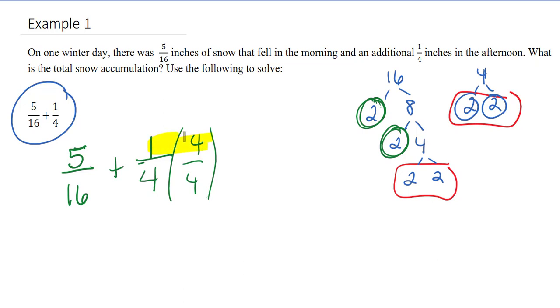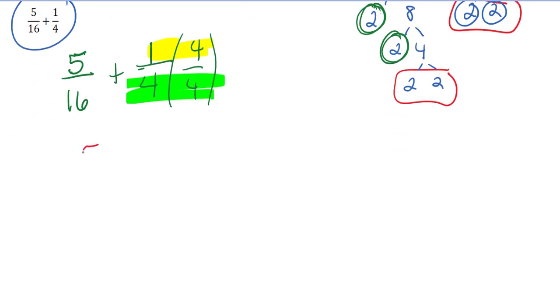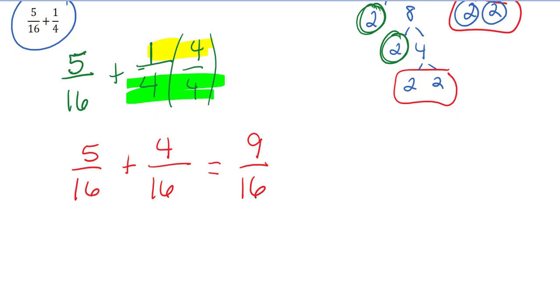So we multiply the top together, and we multiply the bottom together, so let's see what we get. So we get 5/16, right, plus 1 times 4, so that's 4. 4 times 4 is 16. And let's go ahead and add. Well, this is 9 over 16.